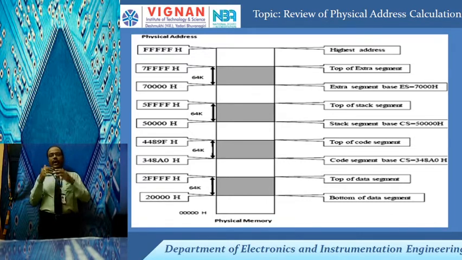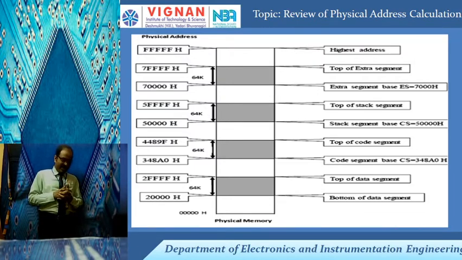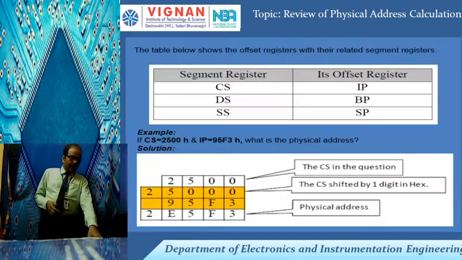So again we have some calculations in the BIU, the bus interface unit of the 8086 microprocessor, which we discussed in the architecture, that is used to calculate the actual address. By using these two 16-bit addresses, the segment address and offset address can be converted into a 20-bit physical address. What is the process?